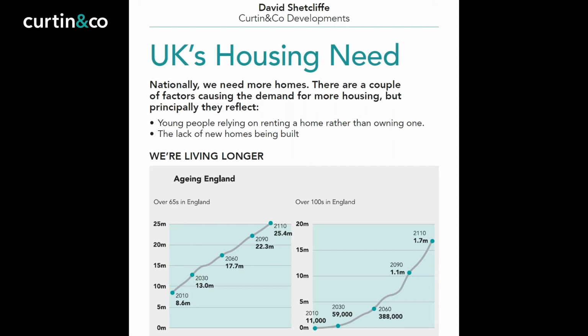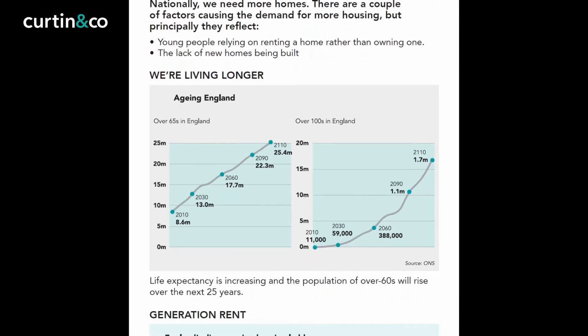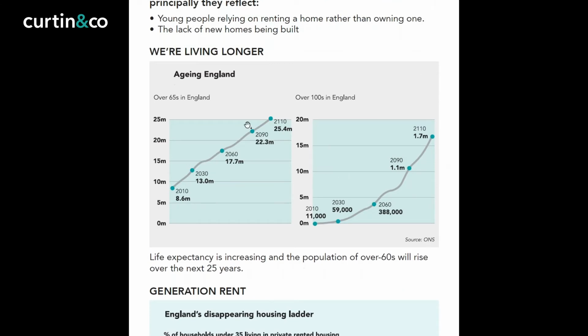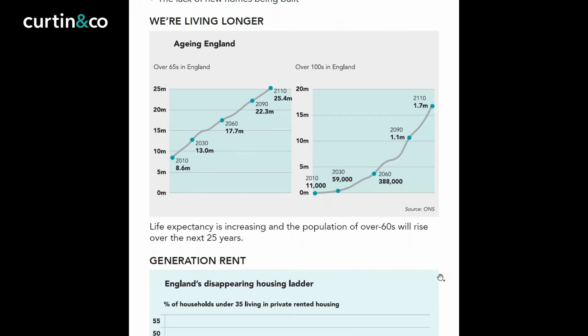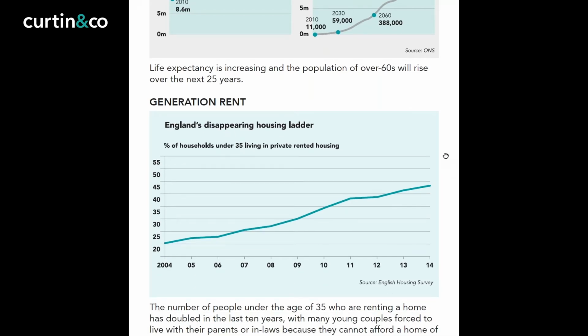That's because there's been a lack of homes being built for a long time, but also younger people are renting and want to get onto the property ladder, and we're trying to encourage that, and I'll explain that in more detail later. Obviously, lots of people are living longer, hence there is a need for more homes. And as I said, there's a generation rent where a number of these individuals, not all of them, want to own their own home.